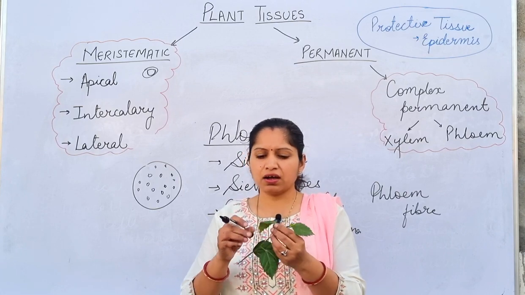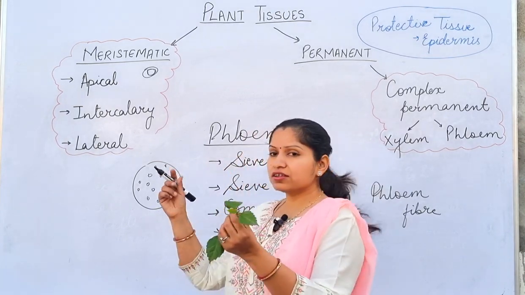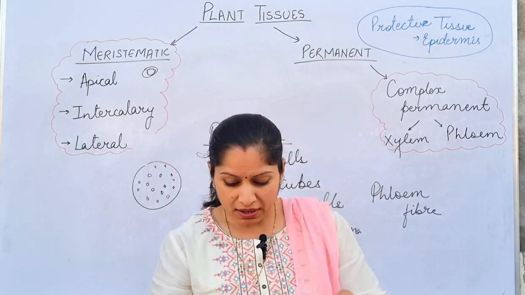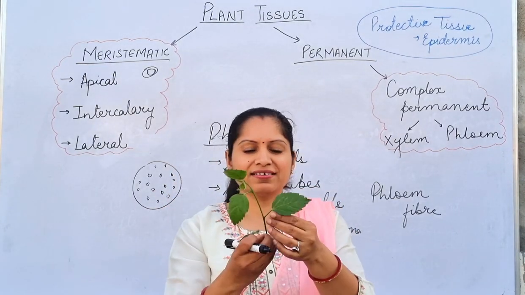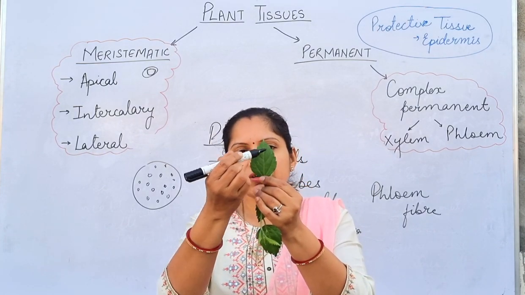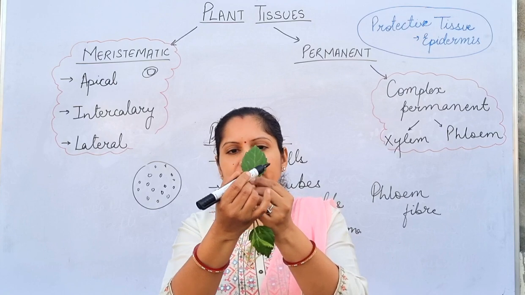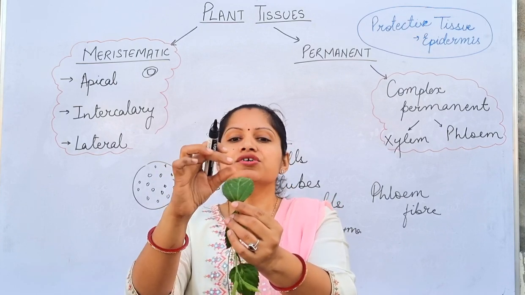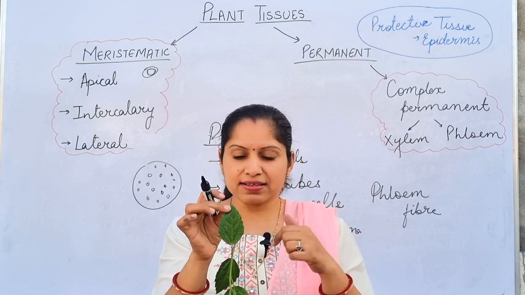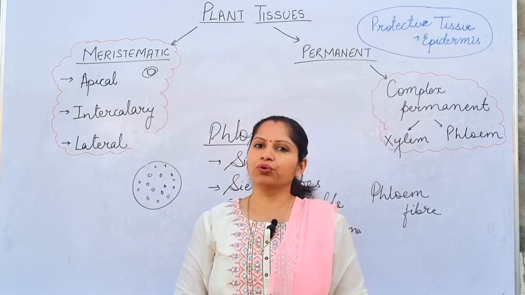Where can you see this vascular bundle? If you observe a leaf that is having the midrib and the veins, okay, sorry, my left leaf fell. So this midrib, the veins of the leaves, you can see the veins of the leaves. So that is all having the vascular bundle, that is the xylem and phloem.